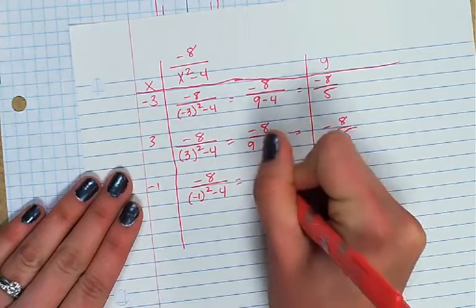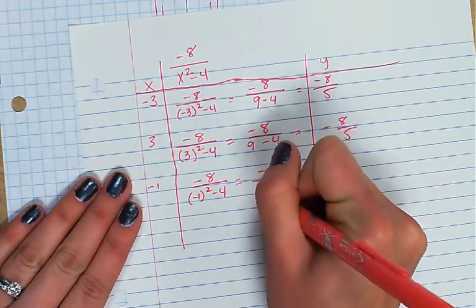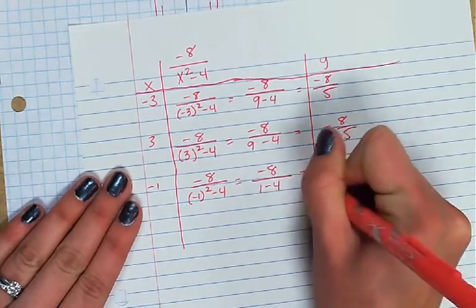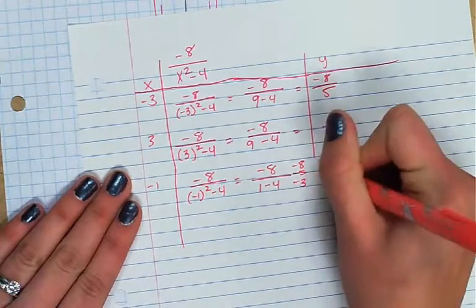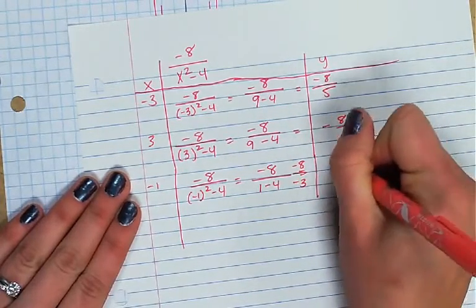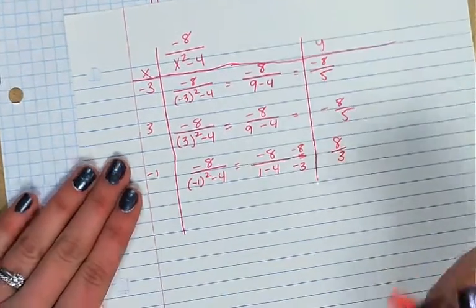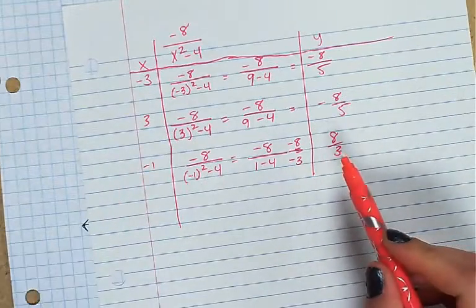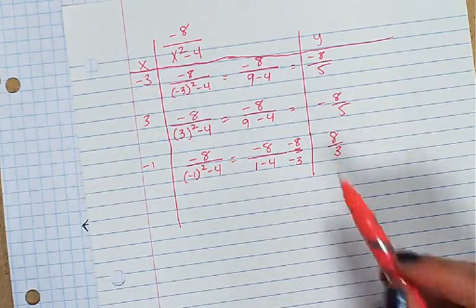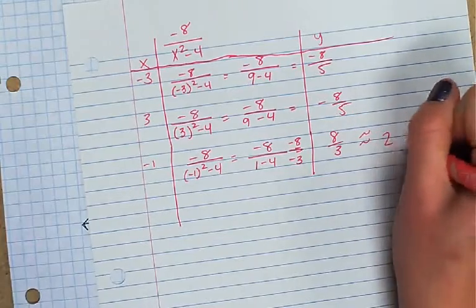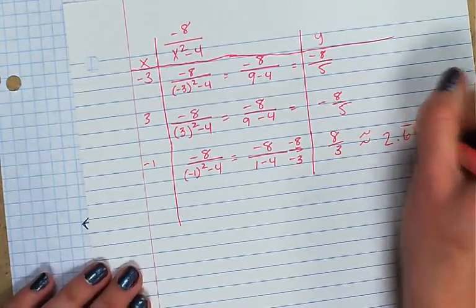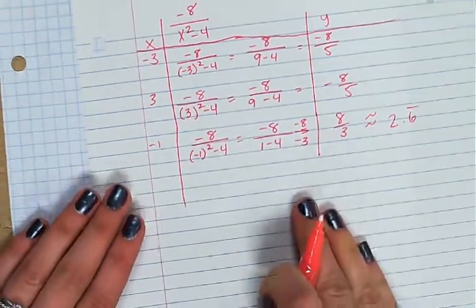So if I plug in -1, -8 over -3, which is +8/3. If you're ever unsure where that is, just plug it in the calculator. 8 divided by 3 is about 2.6 repeating.